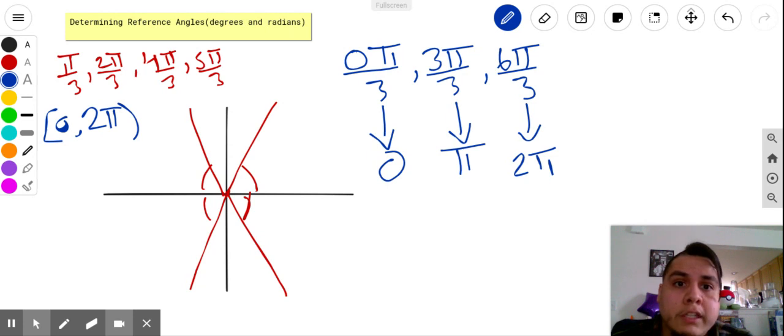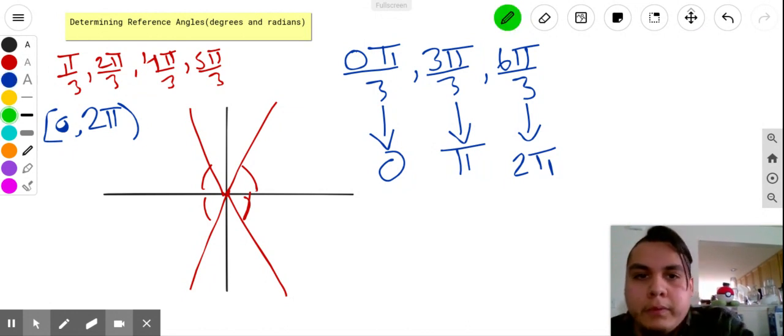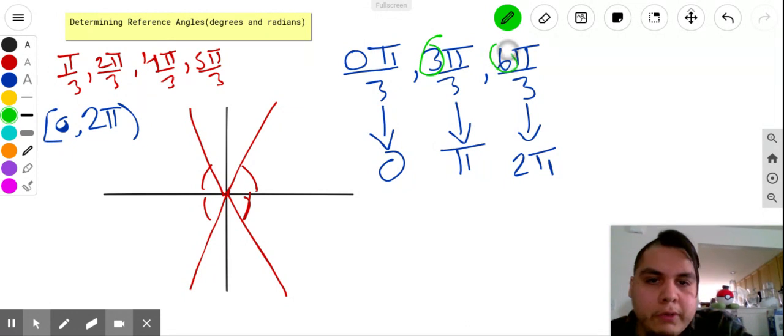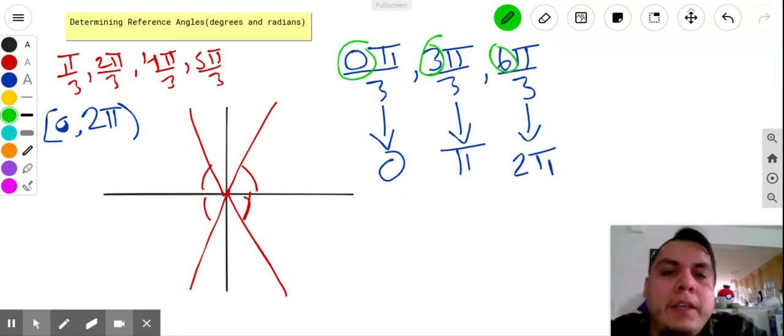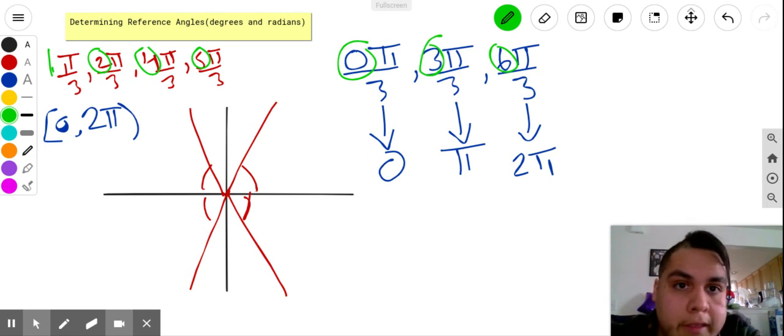So as long as you don't have a multiple of 3 in your numerator, as long as you see a pi over 3 and you don't have a multiple of 3 in your numerator, it will have a reference angle of pi over 3. 1 is not a multiple of 3, that's reference angle. 2 is not a multiple of 3, that's reference angle. 4, not a multiple of 3, that's reference angle. 5 is not a multiple of 3, that's reference angle.